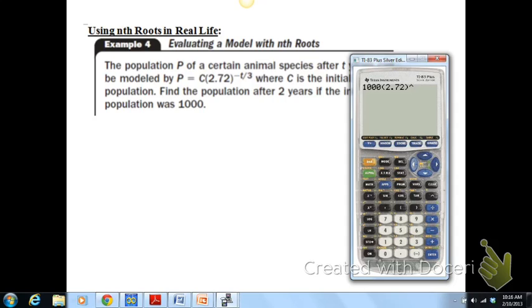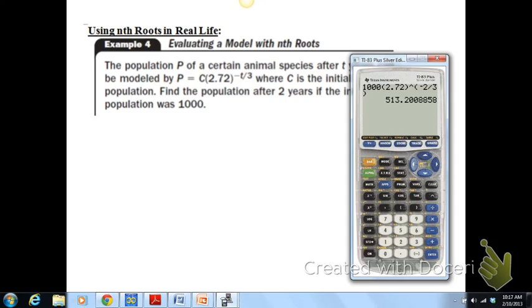Now, I don't want to just do negative 2/3. I need to make sure that the calculator knows that the entire exponent is negative 2/3. So I'm going to hit second, delete, and insert a left parenthesis around the exponent and a right parenthesis to close it off.